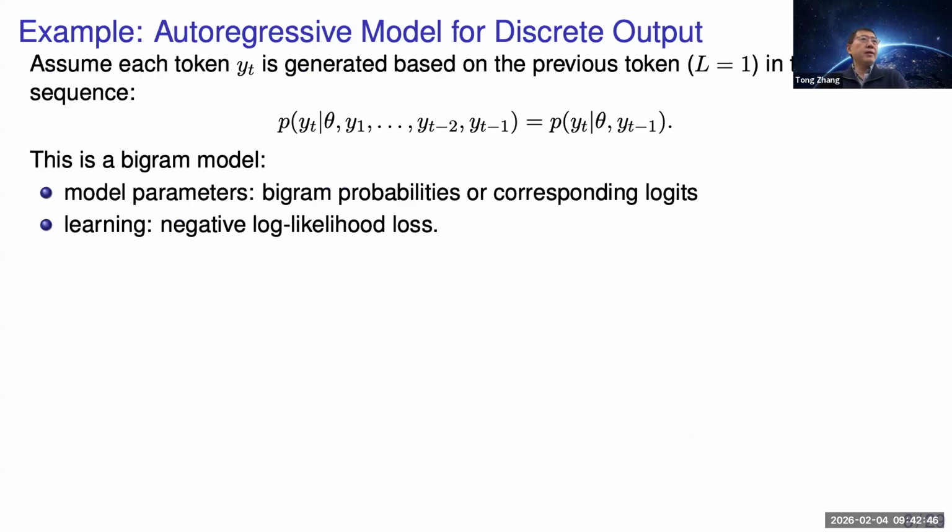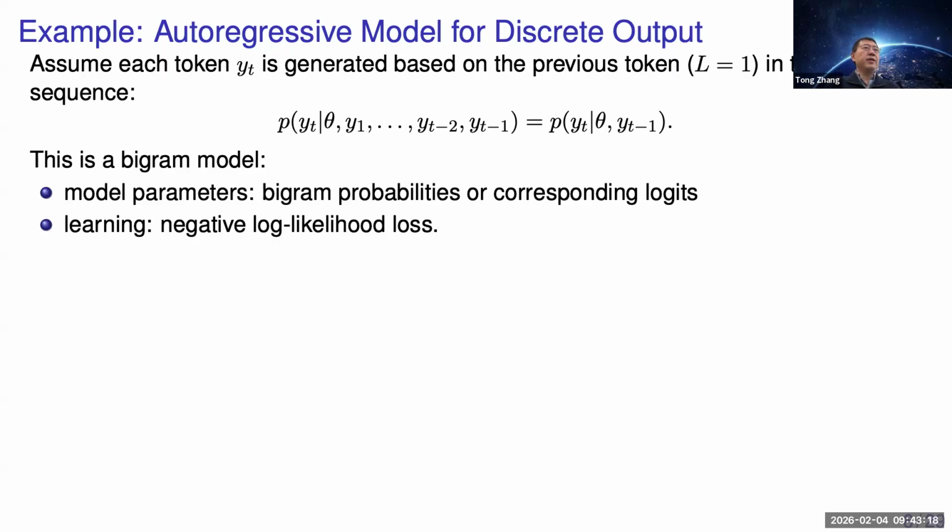So basically, this is a setup, and we will also come back to this later on. Assume in the autoregressive setting that each token is generated from the previous token, L equals 1. That is a kind of bigram model, as you sometimes call it, because you just depend on a context length of 1. This is just for illustration.